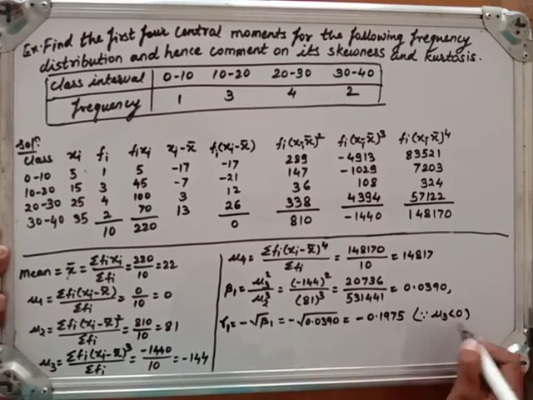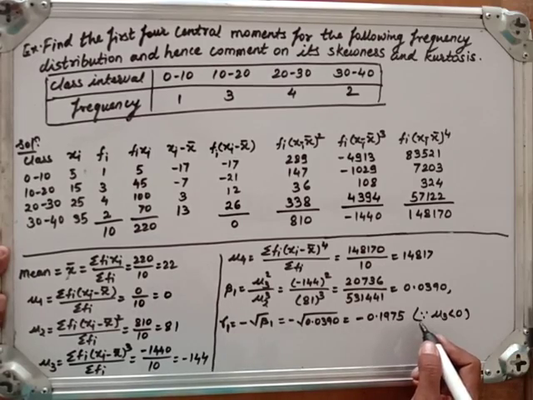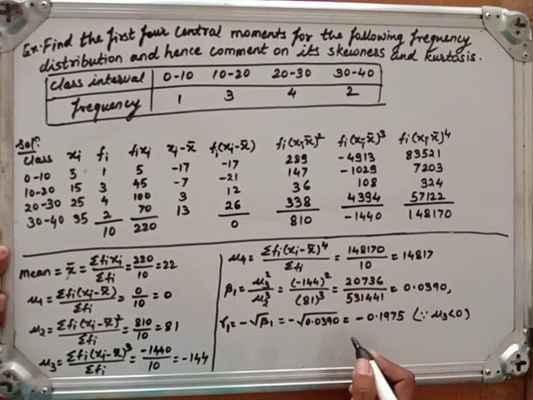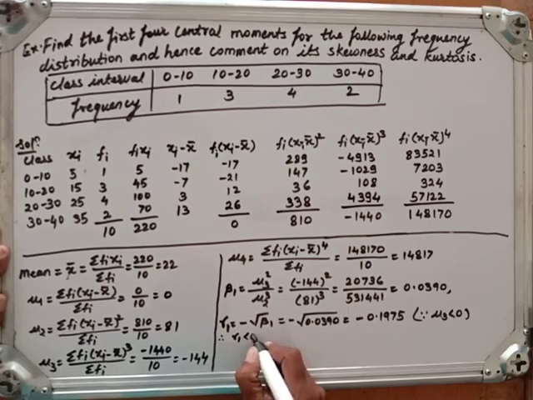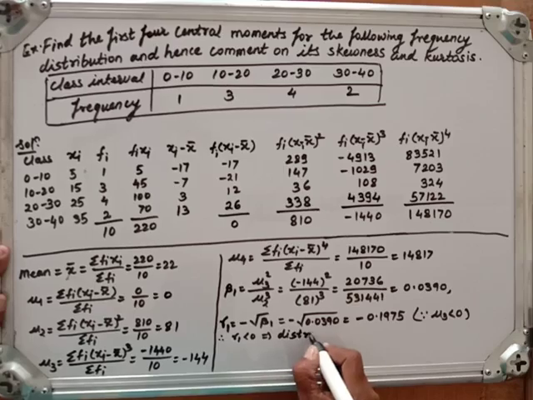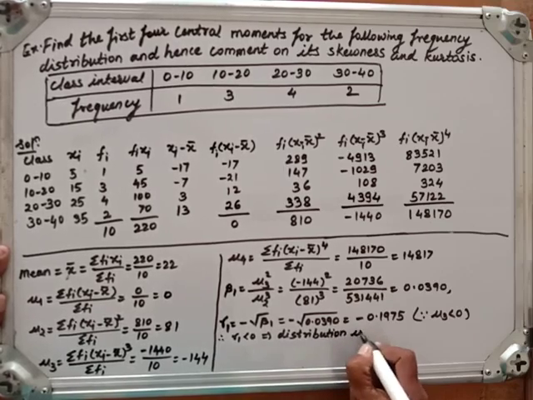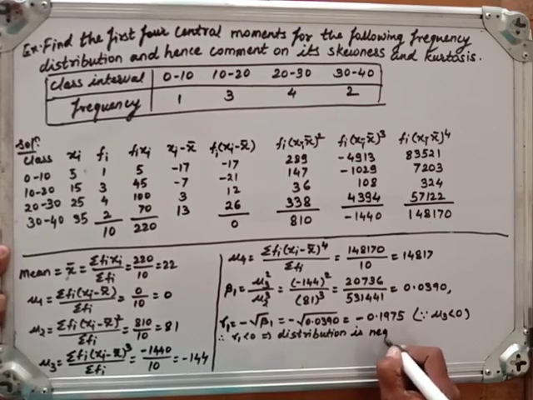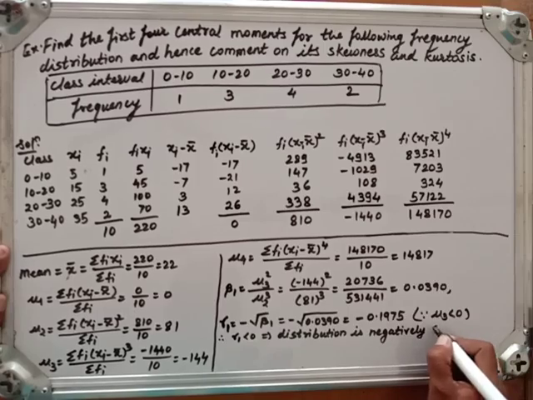You can state the reason as such. So now gamma 1 is negative, it is less than 0. So the distribution is negatively skewed. Therefore gamma 1 less than 0 implies the distribution is negatively skewed.